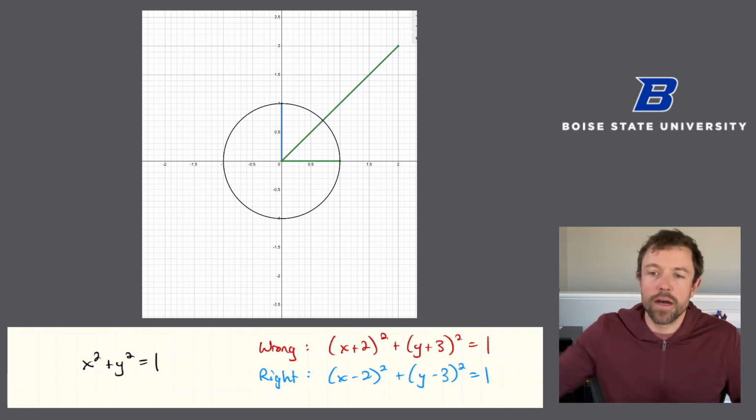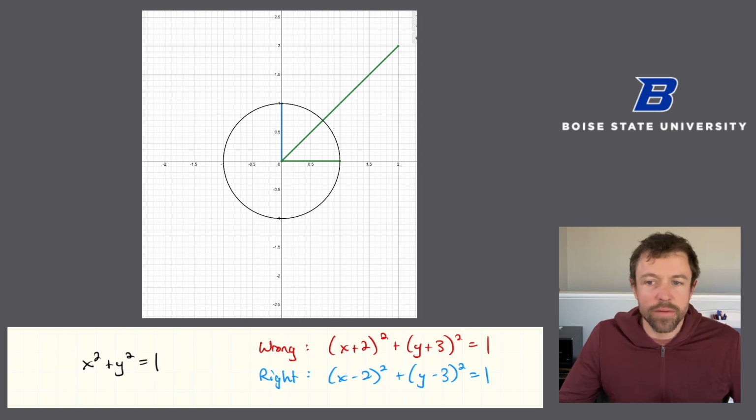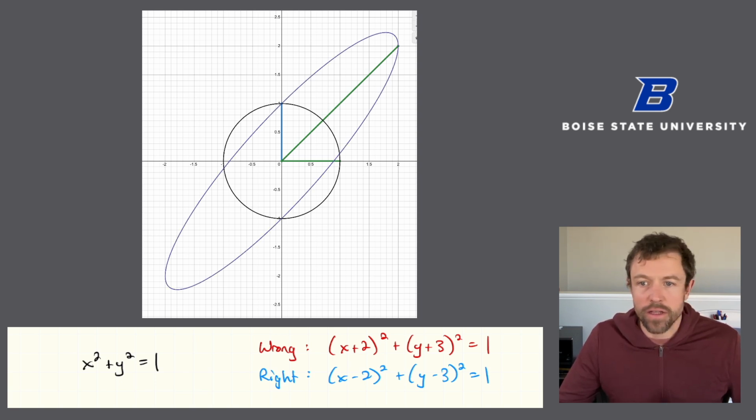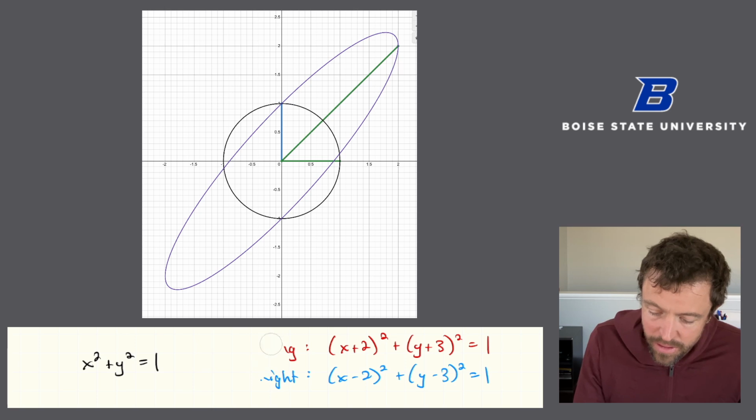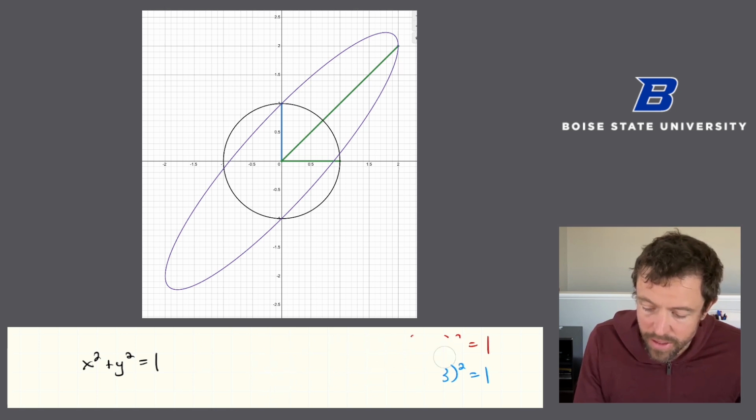We're moving this up and to the right. We're stretching space. And we said the end effect of that is that we take this unit circle and we send it to this ellipse. And my question is, what is the equation of the ellipse?